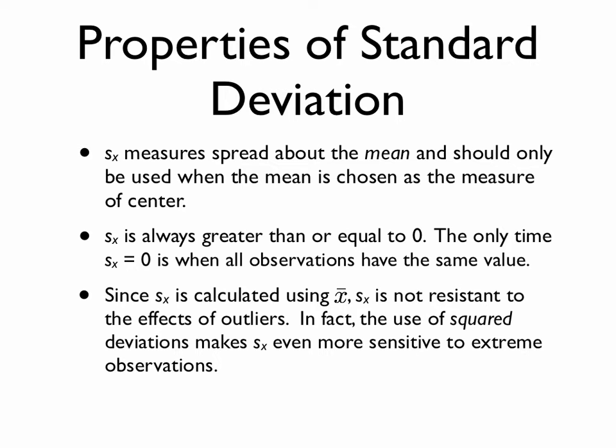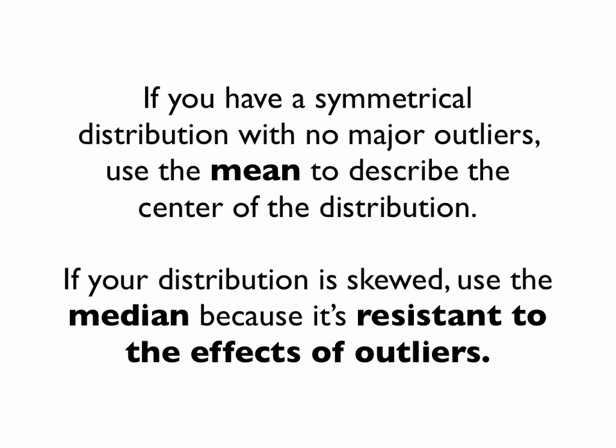Lastly, since standard deviation is calculated using x bar, which remember is the mean, standard deviation is not resistant to the effects of outliers. In fact, using squared deviations makes standard deviation even more sensitive to extreme observations.